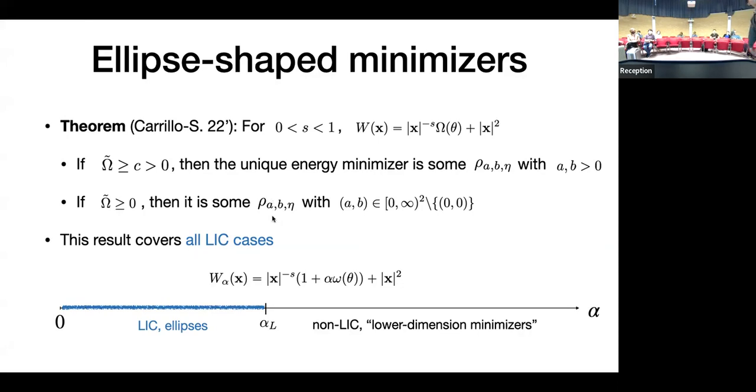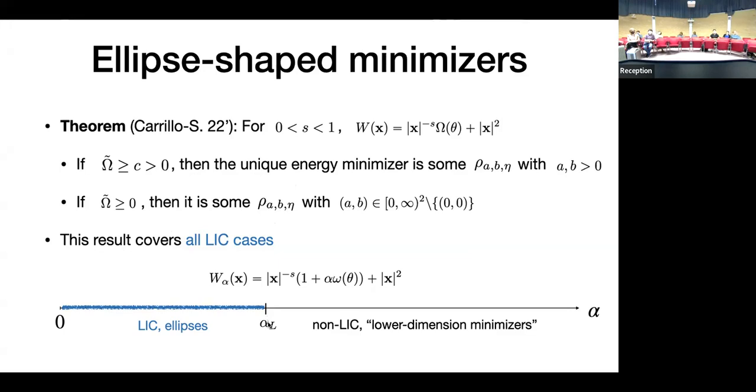Okay, so the strength of our results compared to previous results is that we can deal with a very general angular profile omega, and it covers all of the LRC cases. So in other words, suppose we consider the anisotropic potential parameterized by alpha. Then starting from alpha equals 0, we know that as long as we are in the LRC case, we always have this kind of ellipse-shaped minimizer.